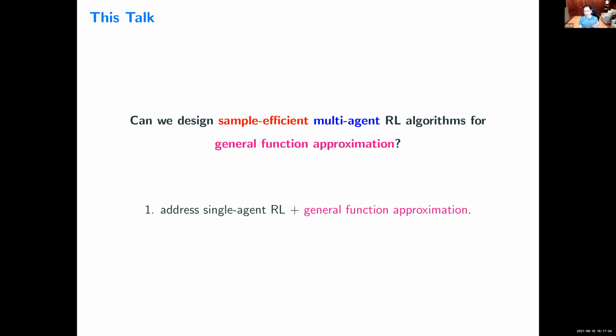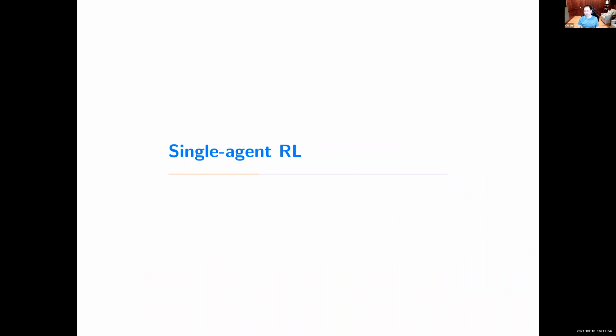We will have some new results, which define a general function class in a single agent setting, and we have an algorithm that is able to solve that kind of function class. In the second part, we're going to extend that result from the single agent setting to the multi-agent setting. Okay, this is the overview. If no further questions, we'll first step directly to the single agent scenario.